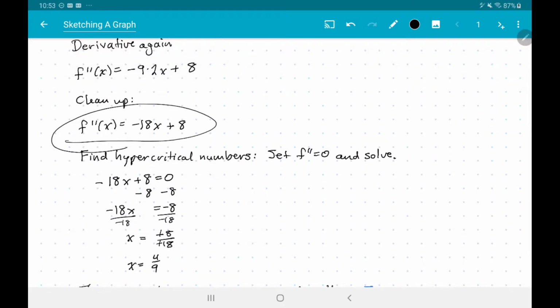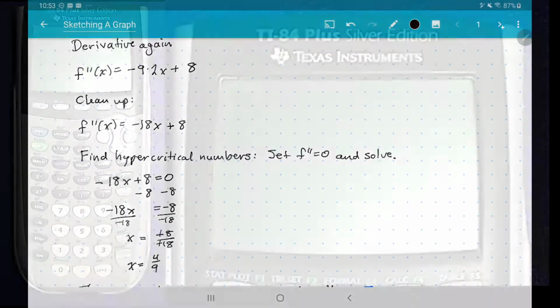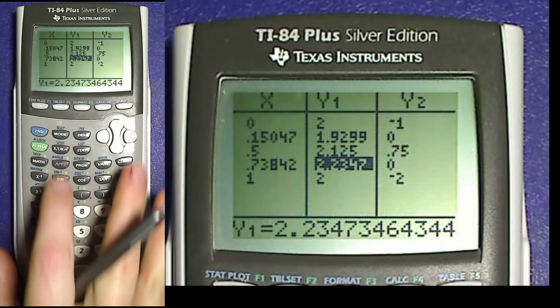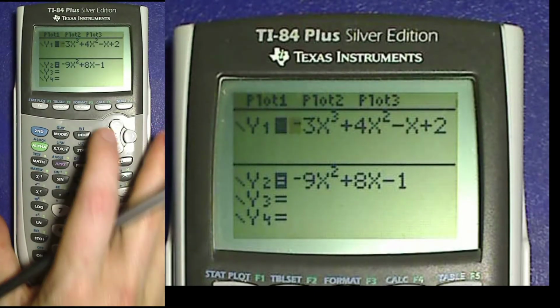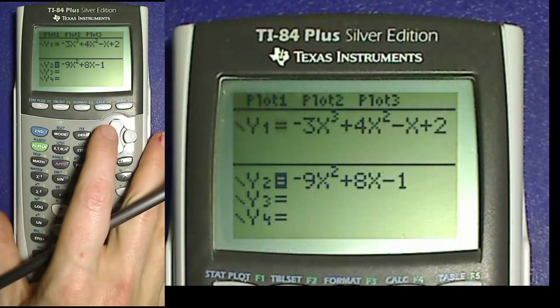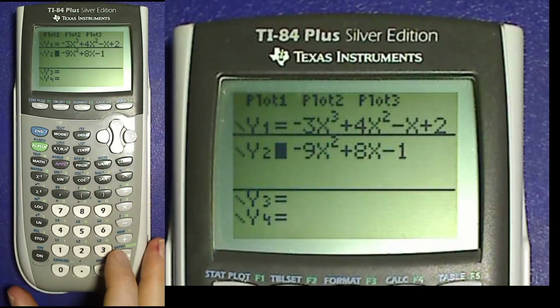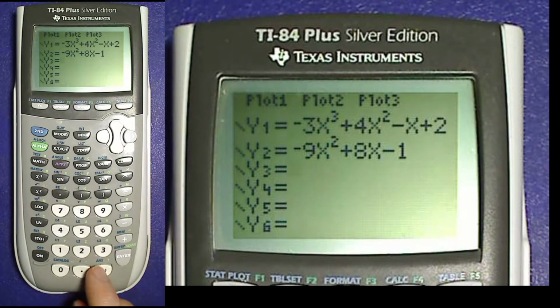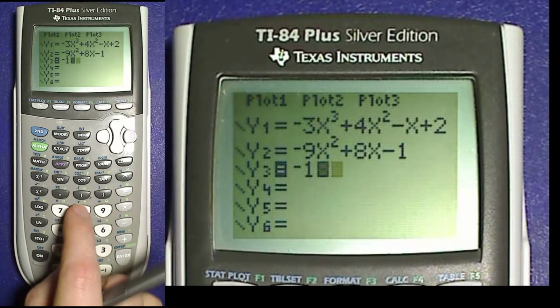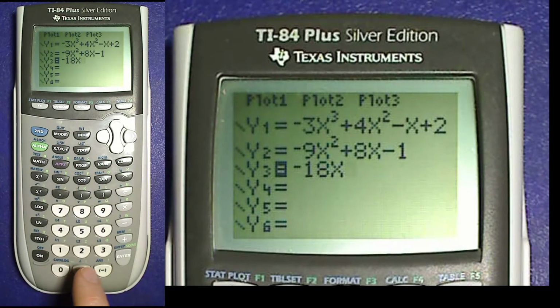I'm going to type that into the calculator as y3. So let me go to the y equals screen. I'm going to turn off y1 and I'll turn off y2 and go down to y3 and type in f double prime, which is negative 18x plus 8.